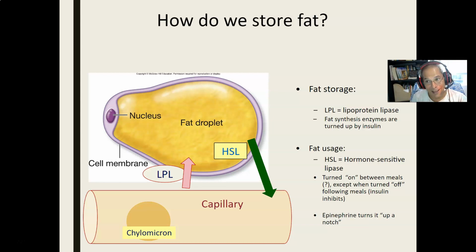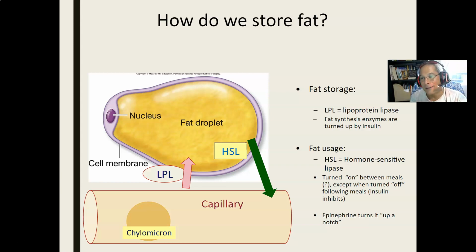During exercise, HSL can be jacked up higher. Epinephrine. Remember epinephrine? It tells your liver to release more glucose. It also tells your body fat to release more fat. So HSL can be turned off after a meal if you raise insulin, or turned up during exercise.